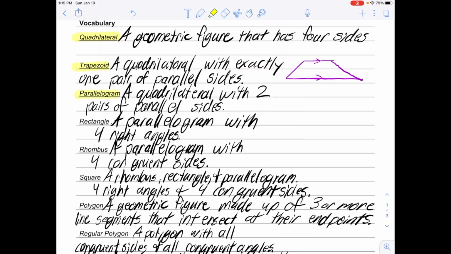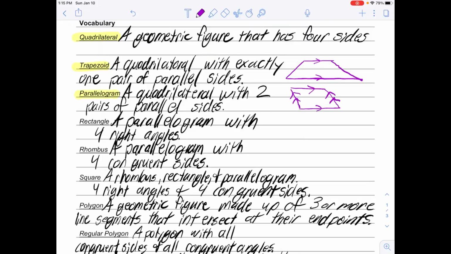A parallelogram is a quadrilateral with two pairs of parallel sides. So what's different than a trapezoid is when we have a parallelogram, all of the sides have to be parallel to each other. So the top and bottom are parallel to each other, and then the sides are parallel to each other. And we know that because of those little arrows.